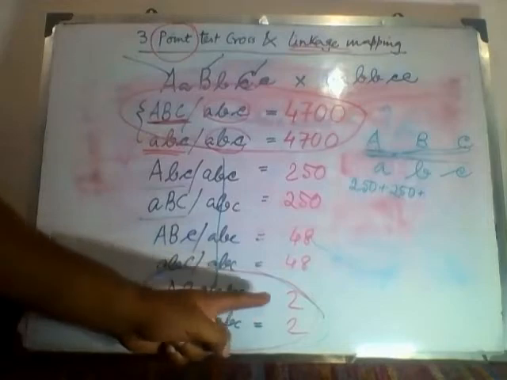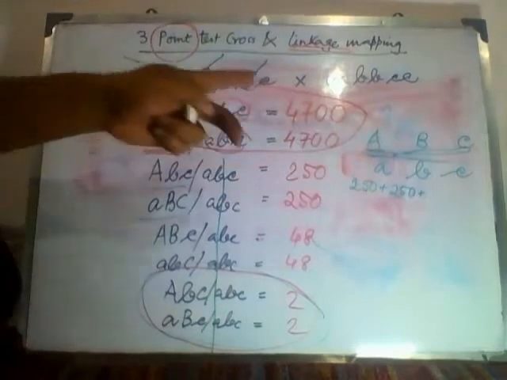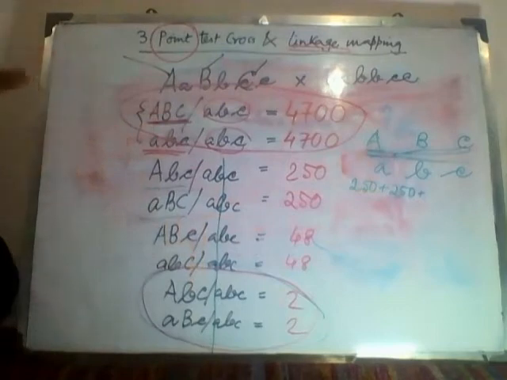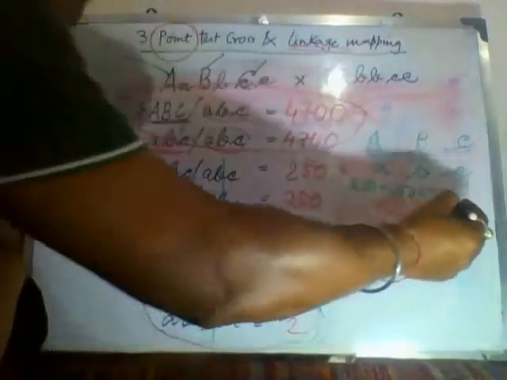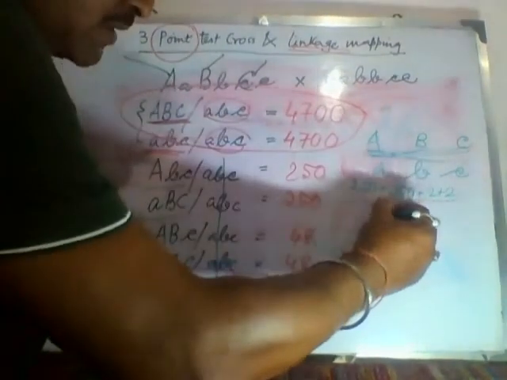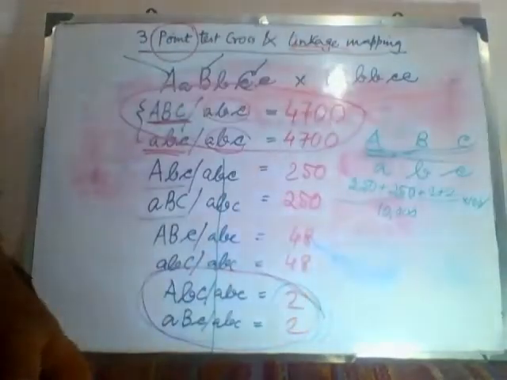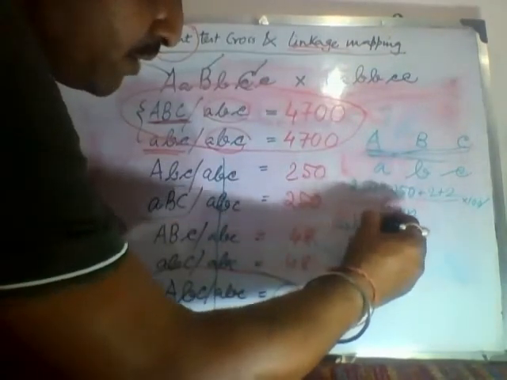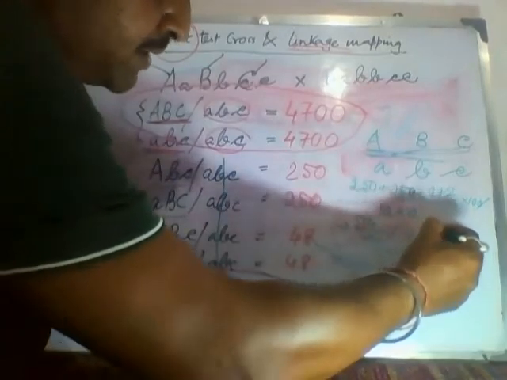When these two gametes have been formed, a recombination has also taken place between A and B. It has taken place between A and B as well as B and C. So when we calculate the distance between A and B, we will have to consider these 2 plus 2, 4 also. 2 plus 2 divided by the total number, 10,000, multiplied by 100. So this is in percent. So it will come down to 504 divided by 10,000, percent, which means 5.04%.